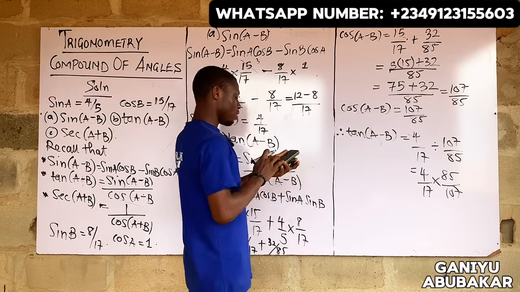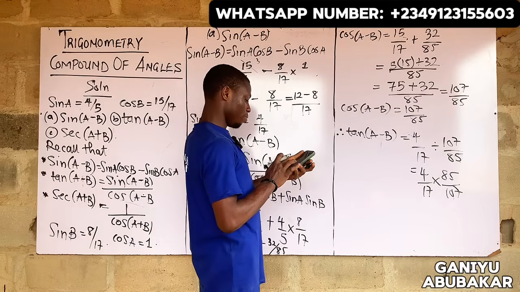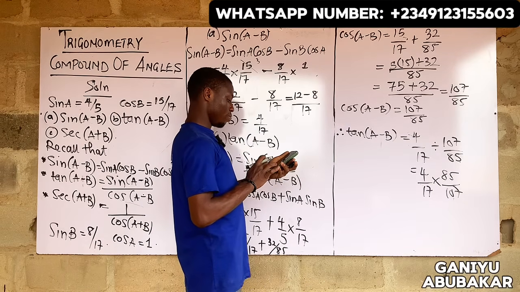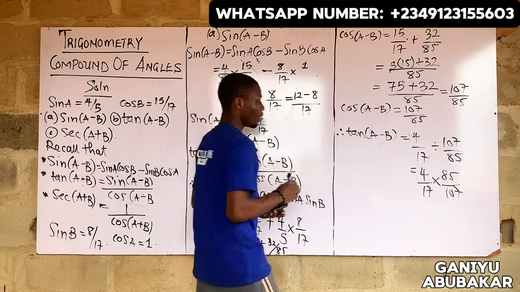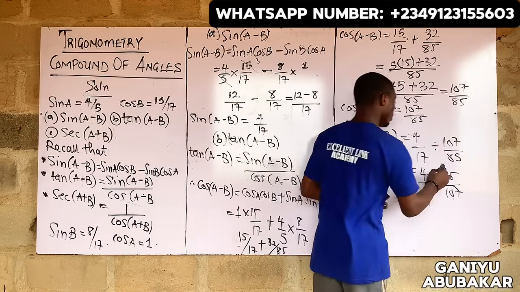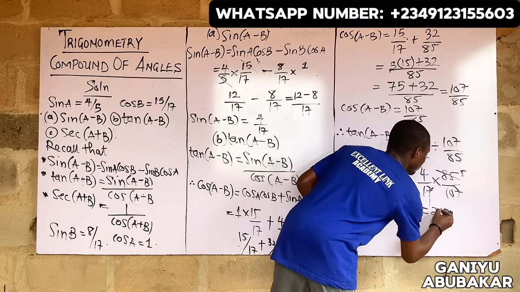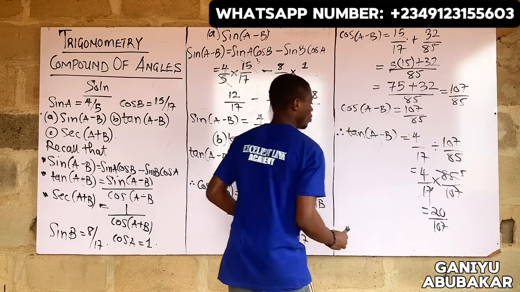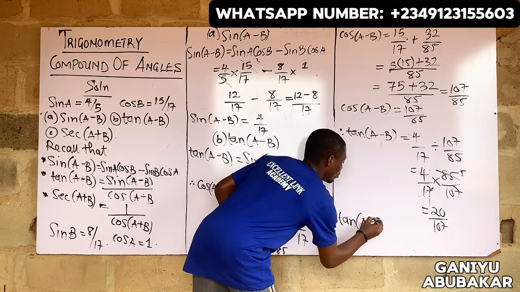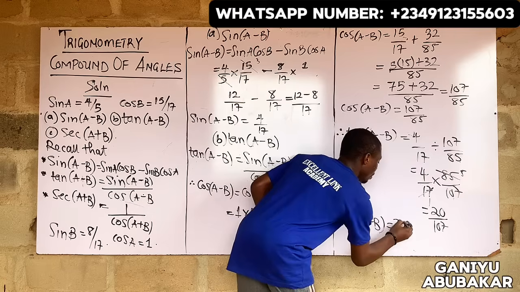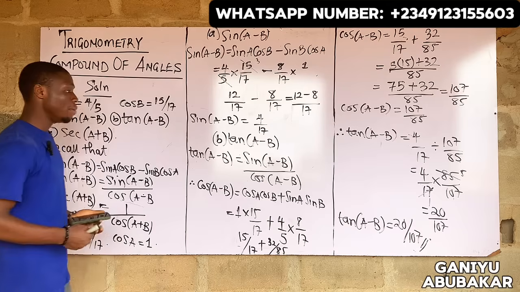From here, 17 into 17 is 1, 17 into 85 is 5, so I'll have 20 over 107. So I've gotten my value for tan A minus B, which is 20 over 107.